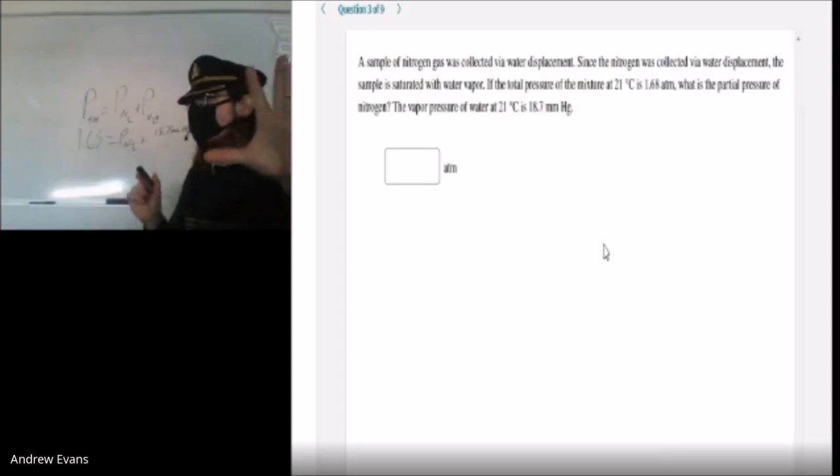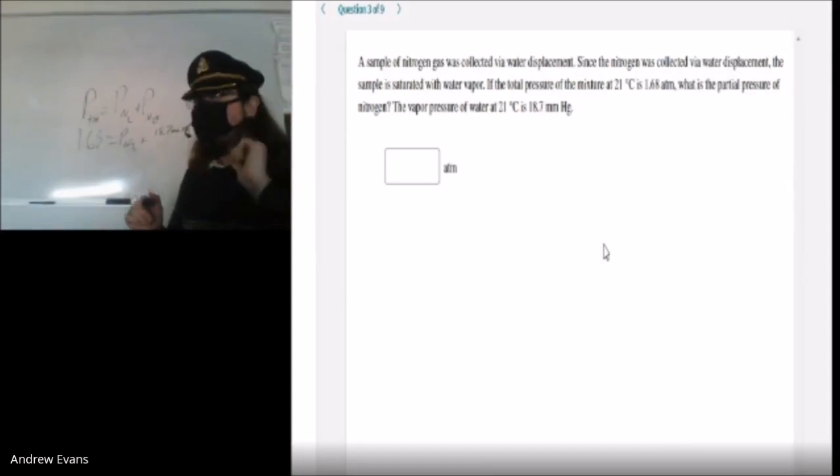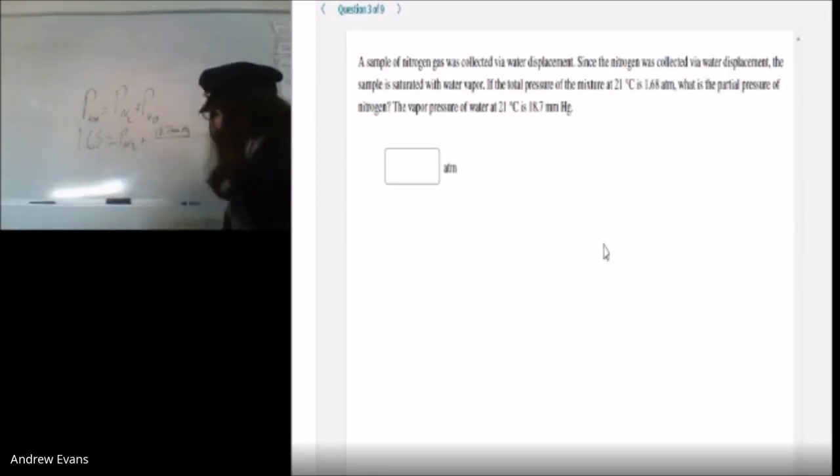Now, quick conversion. There is 1 atmosphere in 760 millimeters of mercury. So the pressure contribution of water is not going to be a whole heck of a lot. 18.7 divided by 760 is 0.025.